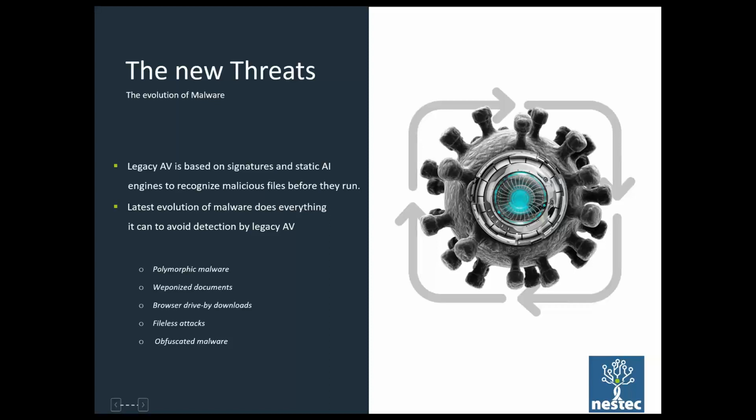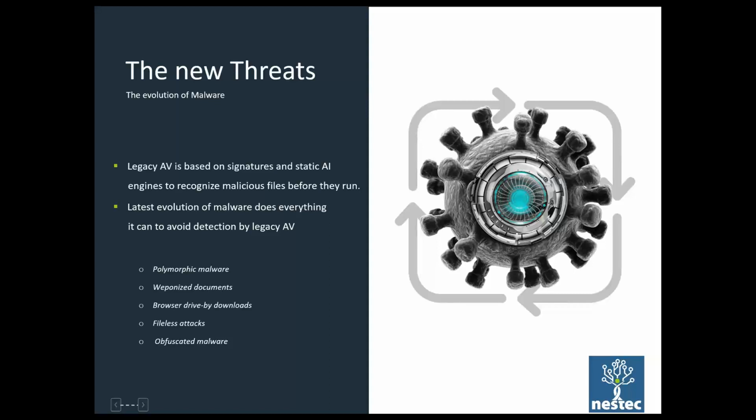I'm sure that most of us on the session today know what signatures are and how they function, but just for the sake of conversation, I will give more details. Signatures are reactive protection.